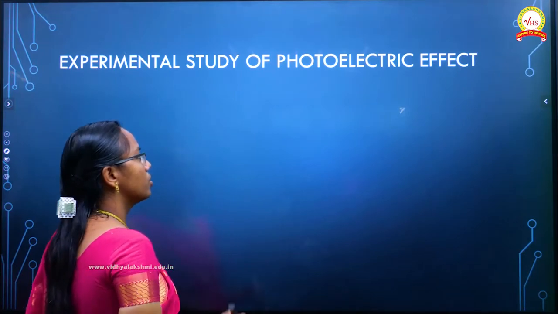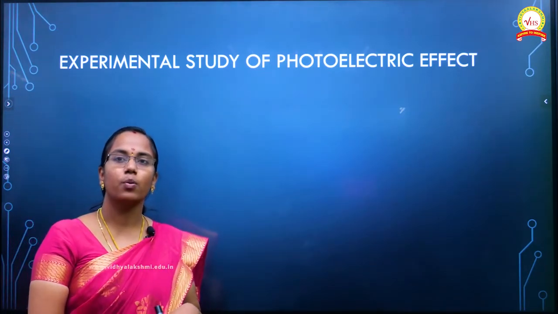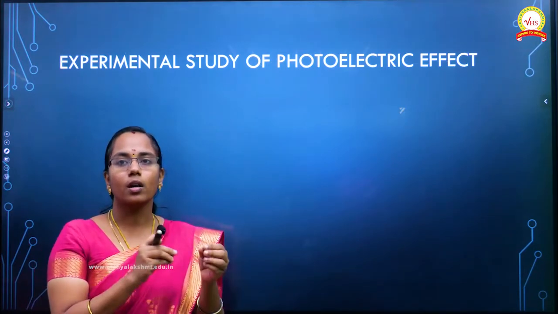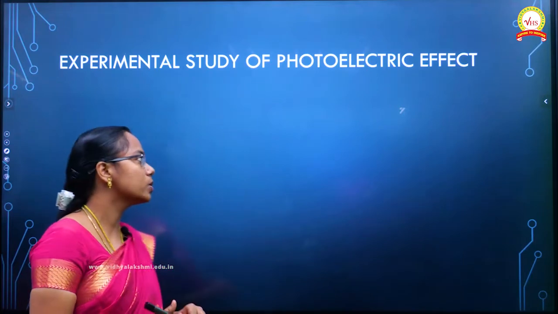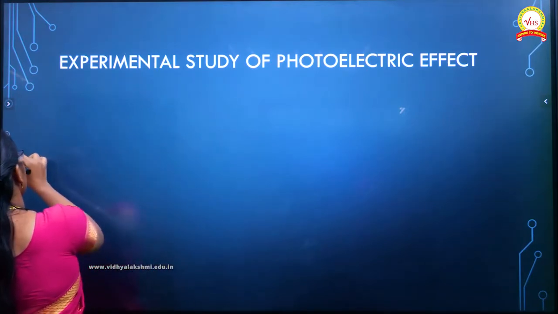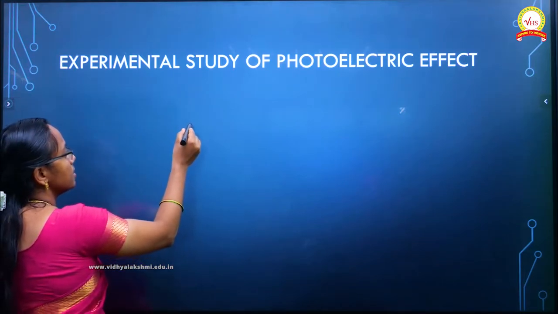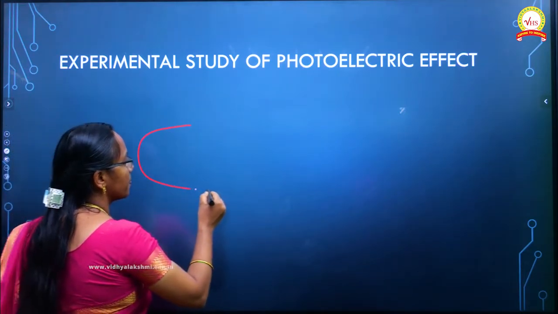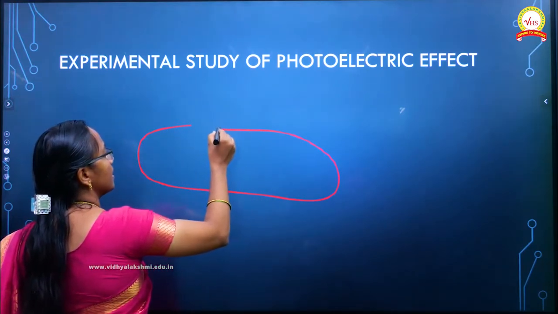They took an evacuated glass tube. The meaning of an evacuated glass tube is that it is made up of vacuum. There will not be any air molecules. So an evacuated glass tube is considered, like this.